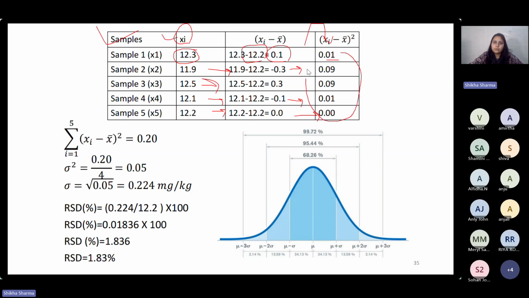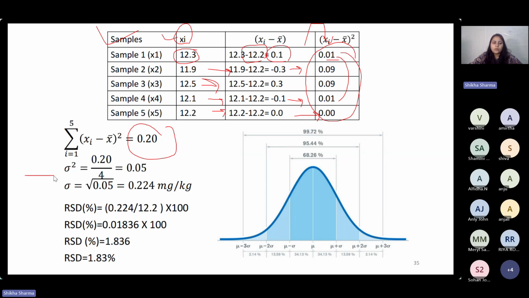So now we need to sum all these. When we add 0.01 plus 0.09 plus 0.09, then 0.01, it will be 0.2.